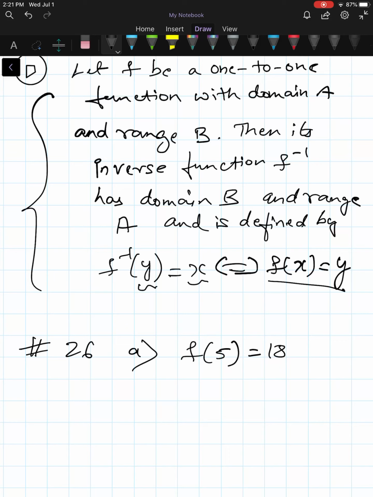So find F inverse of 18. By the definition above, if F of X is equal to Y, then F inverse of Y will be X. So here the X role is played by 5 and the Y role is played by 18. So using the definition, F inverse of 18 will be 5.